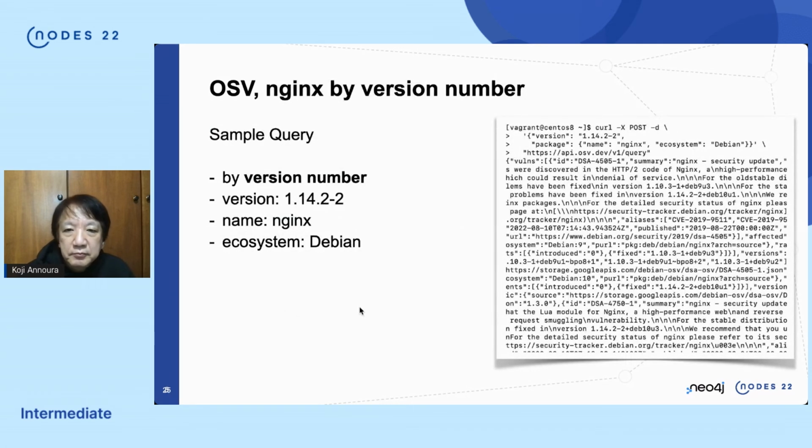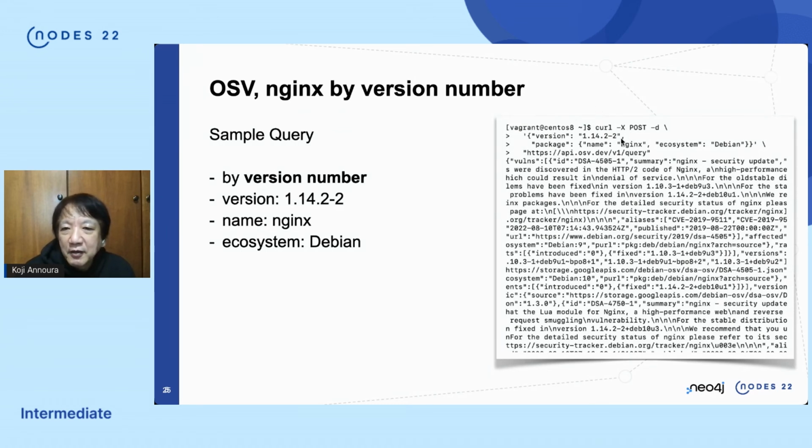So I try to get Nginx information by version number. At this time, this is a sample query. This time the version is 1.4.2.22, name Nginx, ecosystem, sorry, Debian. This time Debian. Okay.